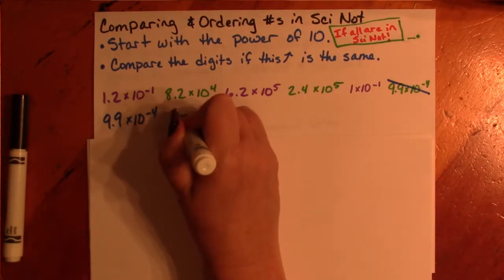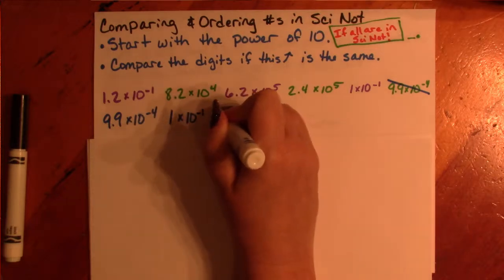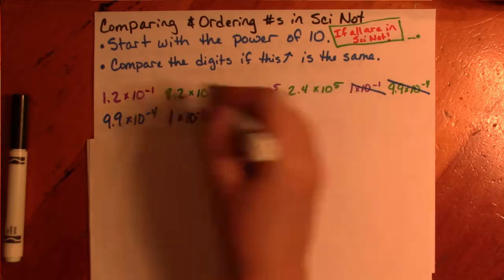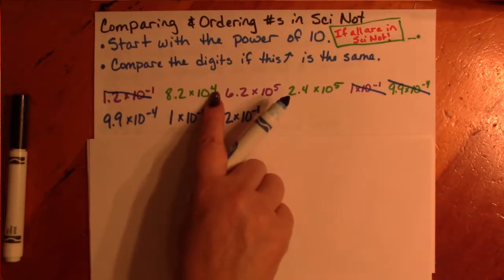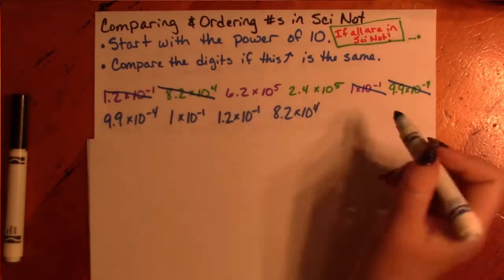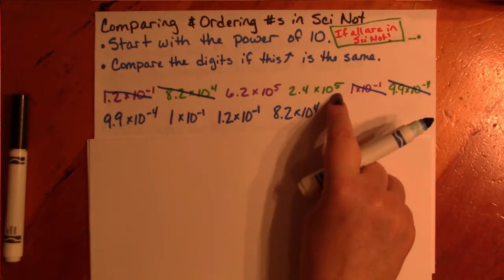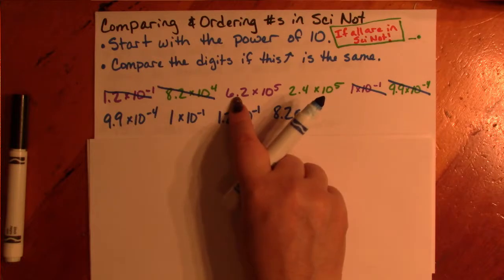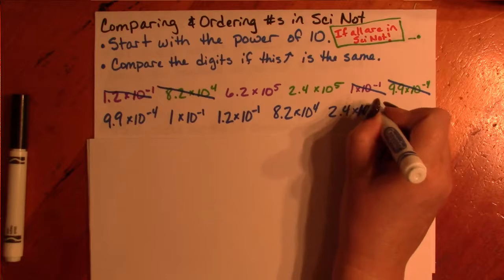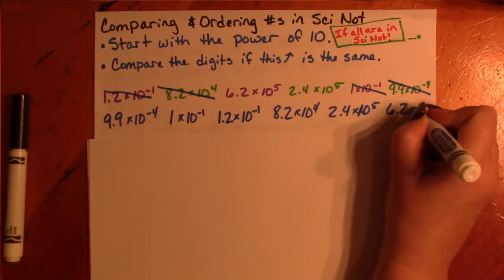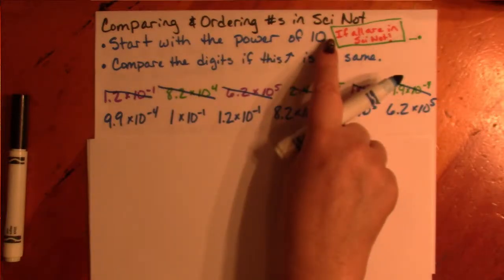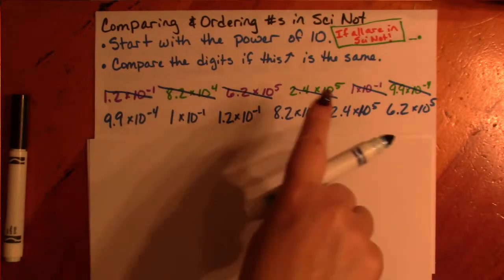So I'm going to do 1 times 10 to the negative 1, and then 1.2 times 10 to the negative 1. So these are done. Then I have a 4, so my 8.2 times 10 to the 4th, and that one's done. And then these have the same power. So what's smaller, 6 or 2? So I'm going to go 2.4 times 10 to the 5th and 6.2 times 10 to the 5th. And that's how you put scientific notation in order from least to greatest.